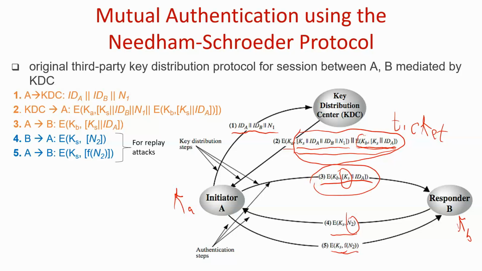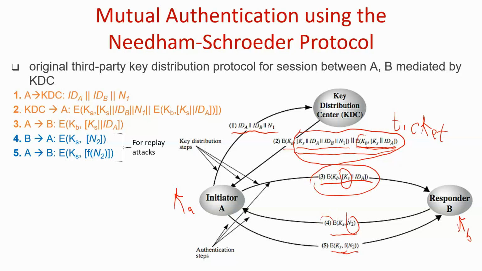authenticate themselves to B. Because what will happen in this case, if B cannot recognize that this is an expired session key, then B will just think that this is a new session key and it will proceed with sending the nonce in step 4. Okay, and in this case, if the attacker knows the expired session key, then the attacker will have KS and will be able to generate the response in step 5, thereby completing the authentication cycle and authenticating themselves to B. You have to note that B never communicates with the KDC in this protocol.